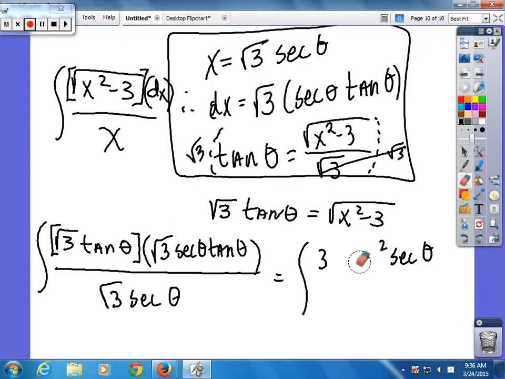Always good to have class behind me. Tangent squared over square root of 3 secant theta. And what happens to the secant? You're left with bringing 3 over the square root of 3 out.